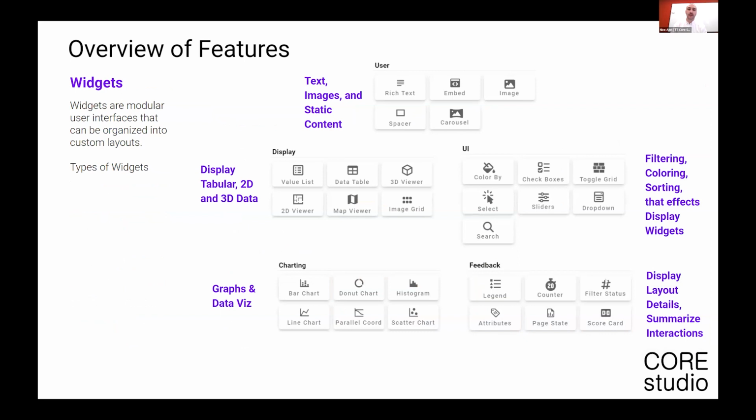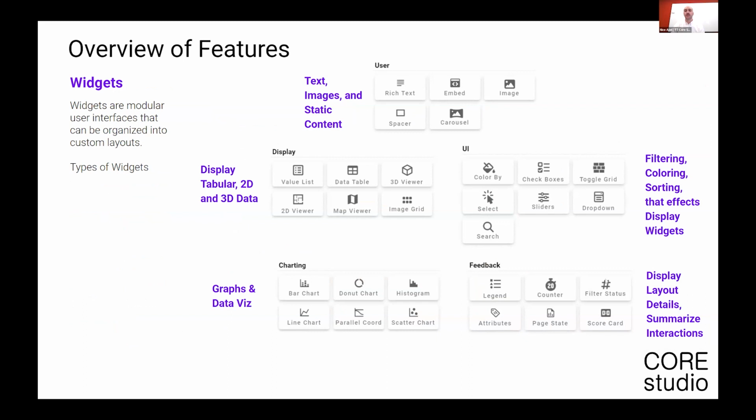So we have a lot of different kinds of widgets. The main types are static user widgets. These are like static images that you upload, rich text when you want to write some narrative. We've got display widgets, which are all our viewers, our tabular data viewers, our 3D viewer, 2D viewer, maps.